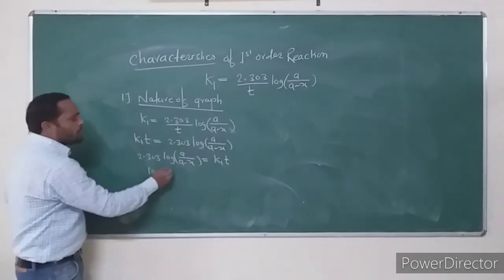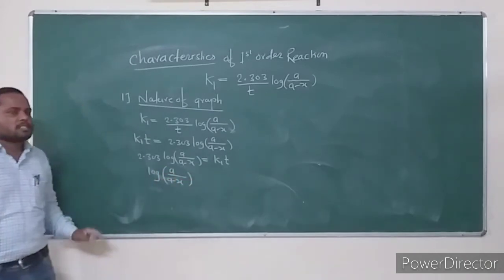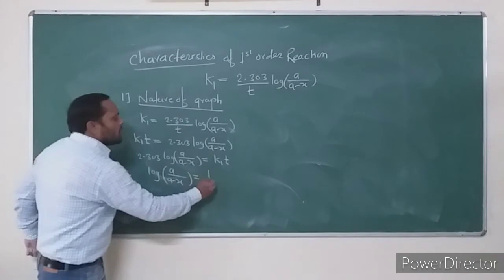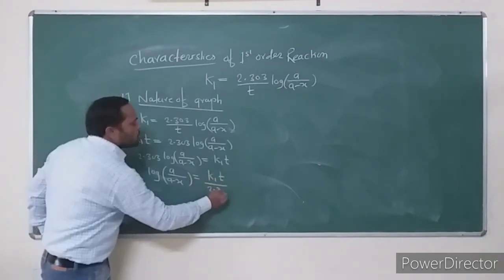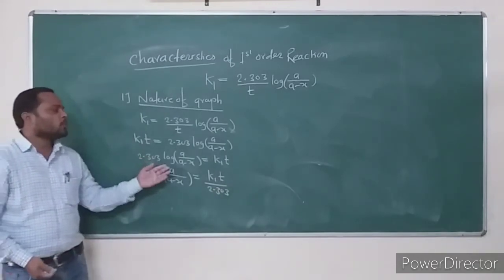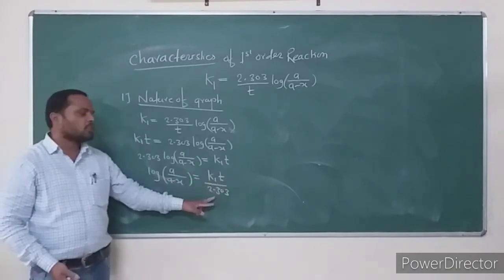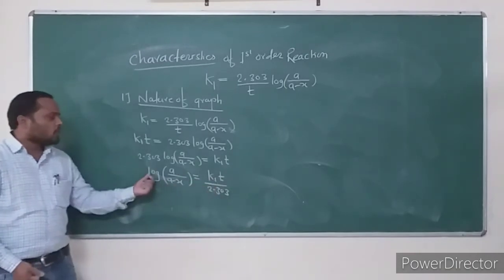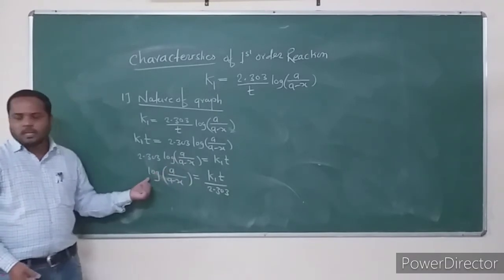Then log a upon a minus x is equal to k1 into t divided by 2.303. The 2.303 goes to the right hand side as division.